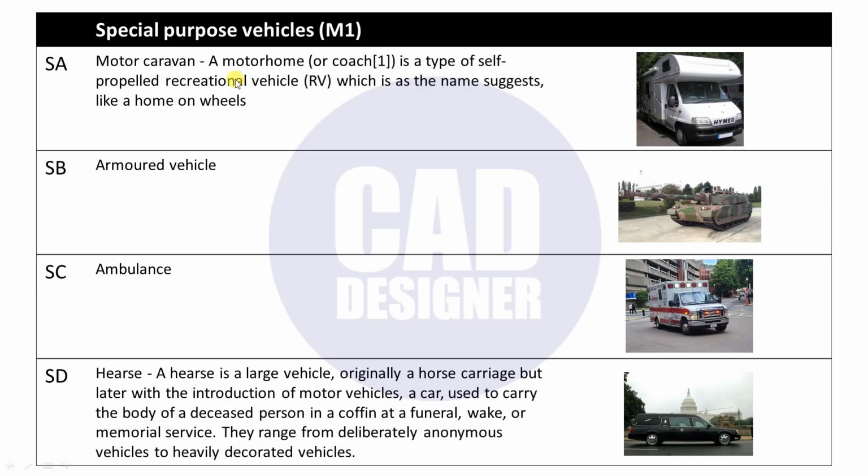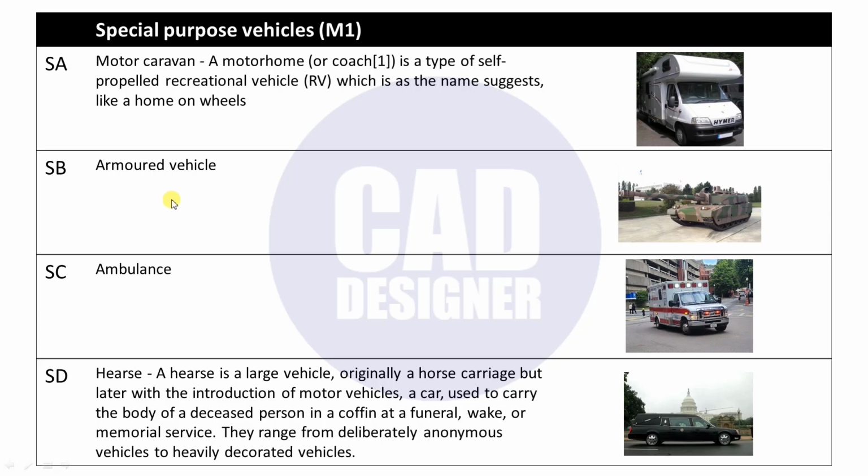Again, this special purpose vehicle M1 is divided into SA, SB, SC, SD. In SA, this motor car van, as I already explained, the celebrities have their van, which looks like a home. So this specially developed vehicle comes under the SA category.